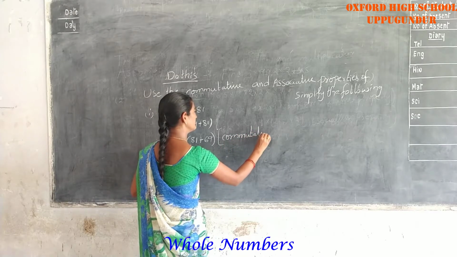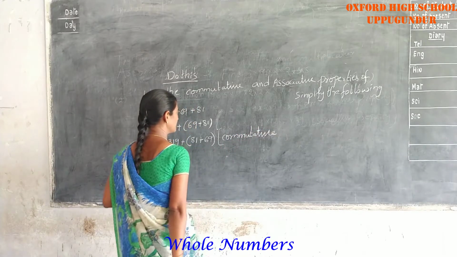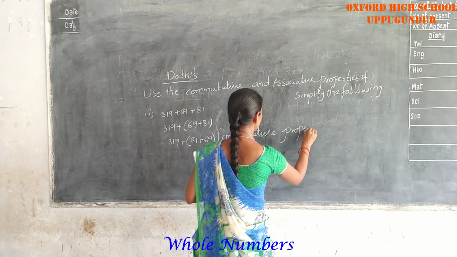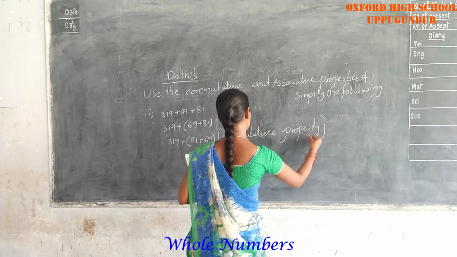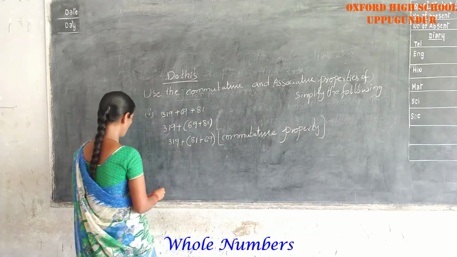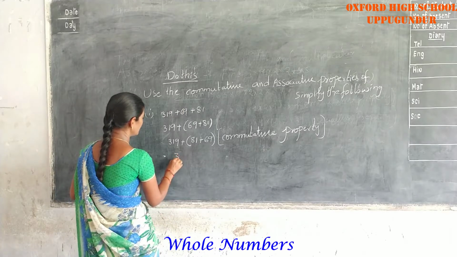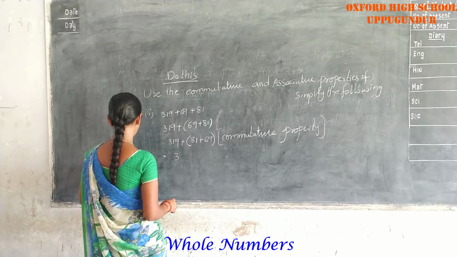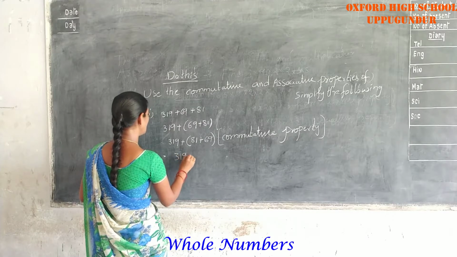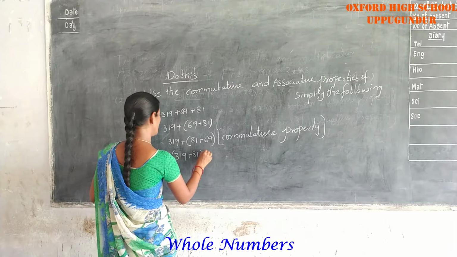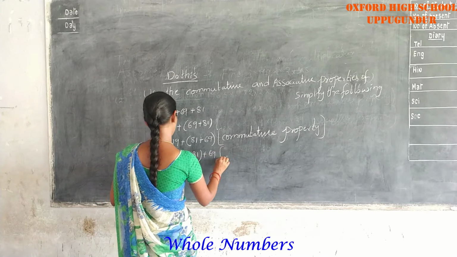Then that is equal to 319 plus 81 plus 69.